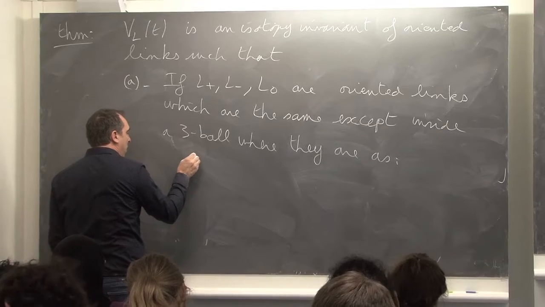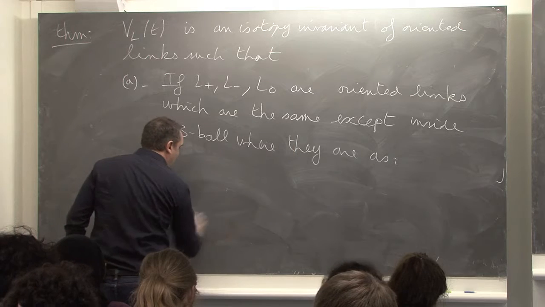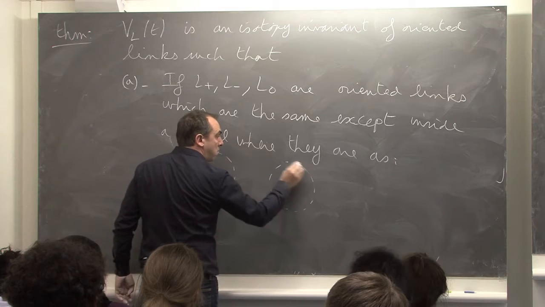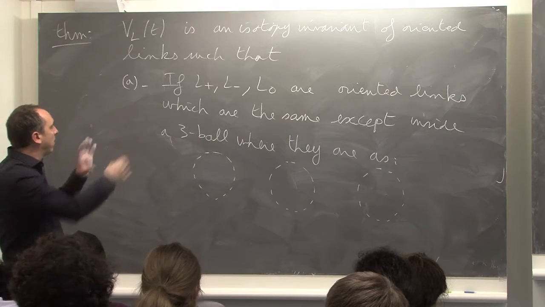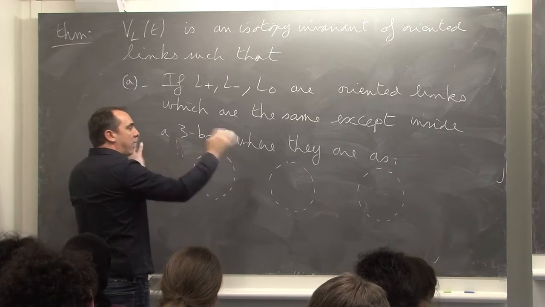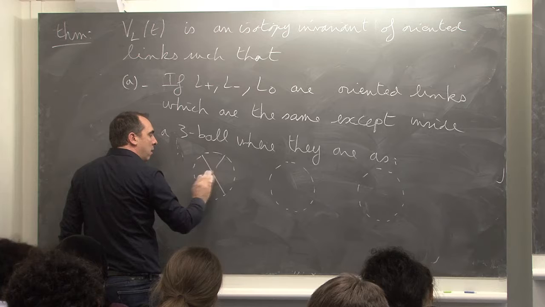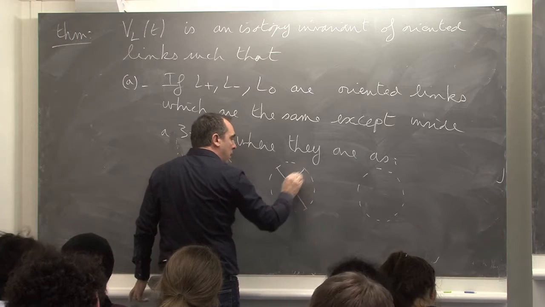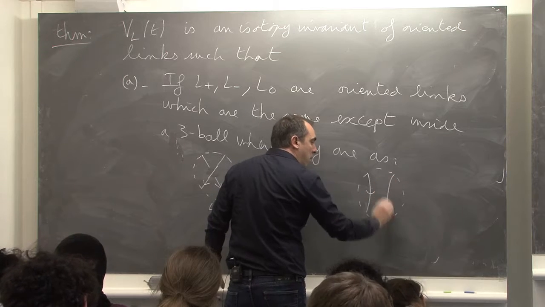So you consider a ball, so you have the same link in the three space, and outside the three ball they are the same, and inside they are as follows. So this is L plus, L minus and L0.